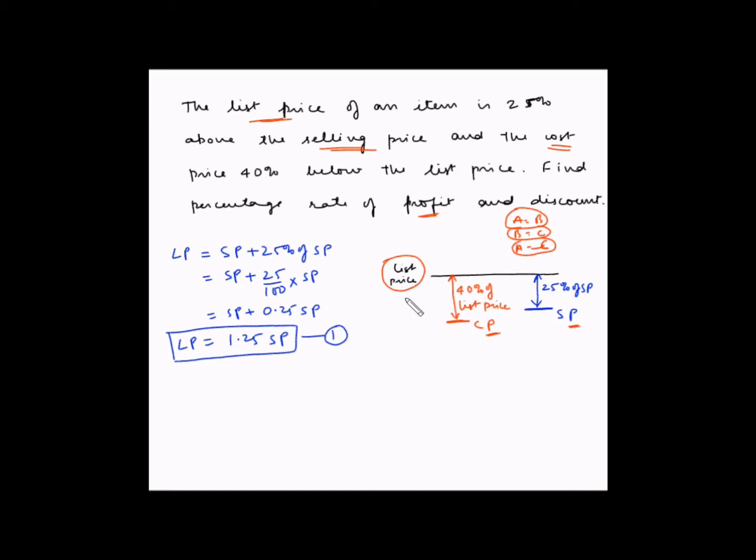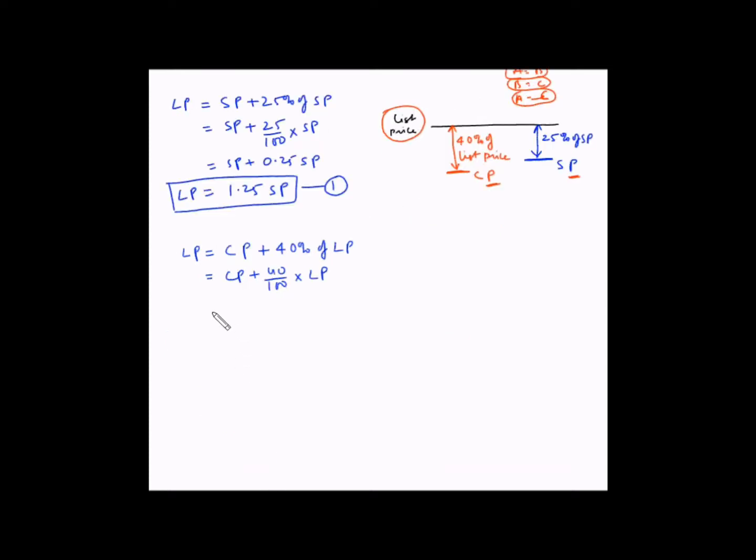Now let's take the second relationship, which is cost price is 40% below the list price. So in this case, list price is equal to the cost price plus 40% of the list price. So LP is equal to CP, which is our cost price, plus 40% of LP. So this is equal to CP plus 40 by 100 multiplied by LP, which is CP plus 0.4 multiplied by LP.